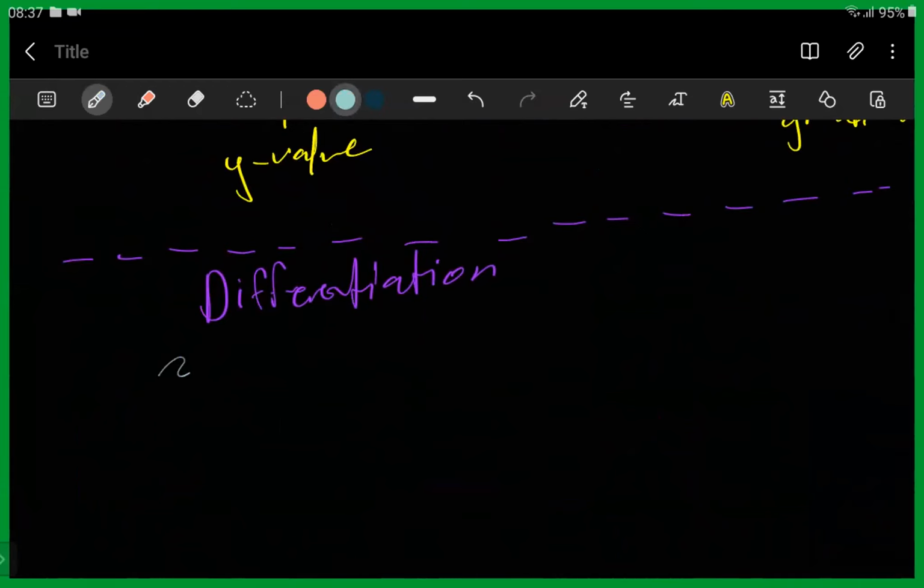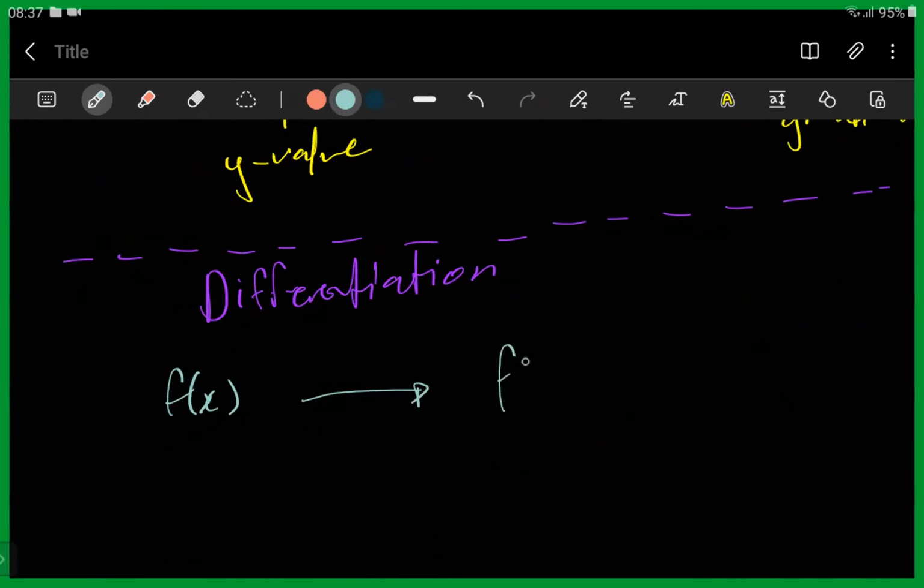With the standard equation, if you start with f of x, when you differentiate the equation, you can write f prime.